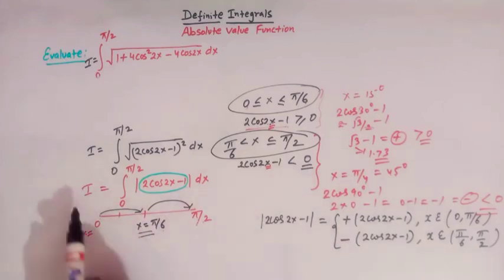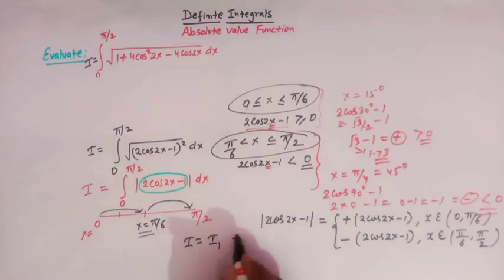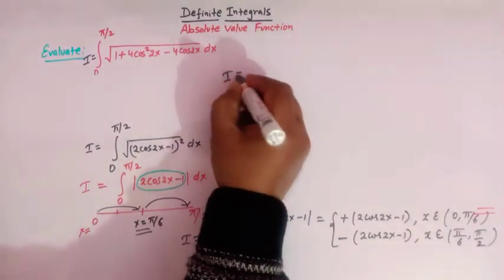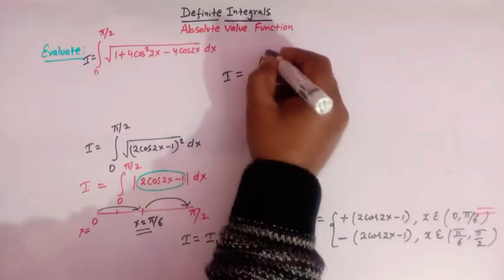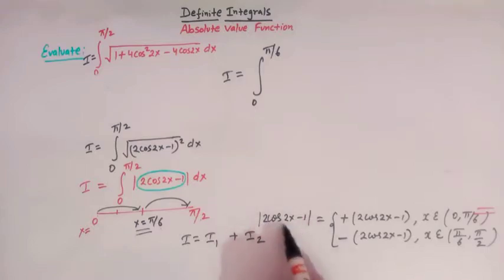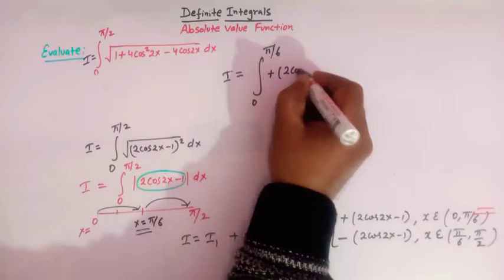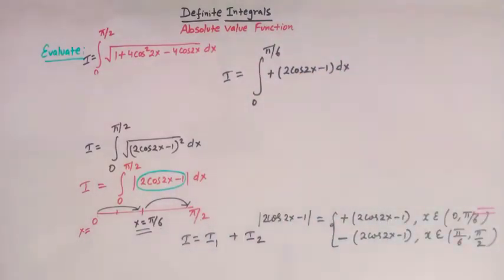So now we can write this integral I as a sum of two integrals, that is I1 and I2. So now I1 is from 0 to pi by 6, and when x is from 0 to pi by 6, then mod of 2 cos 2x minus 1 is positive 2 cos 2x minus 1, and here we have dx, right?